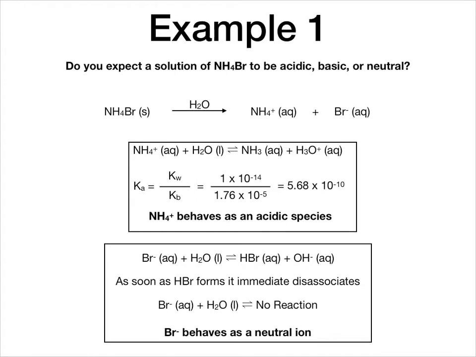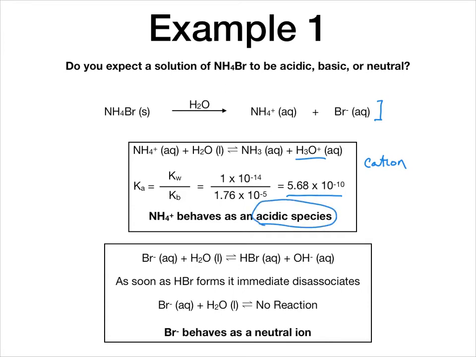Okay, so here this is in summary. When I dissolve NH4Br into solution, it breaks up into its ions. My cation behaves as a weak acid, so it has a Ka value, and it is acidic.